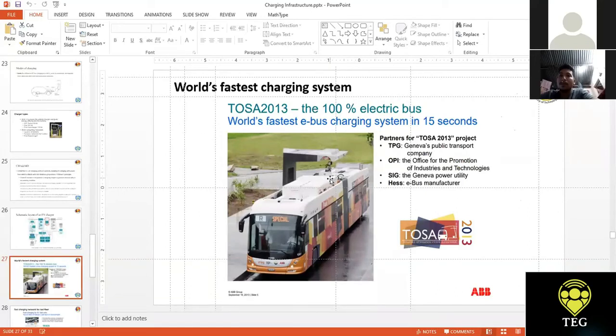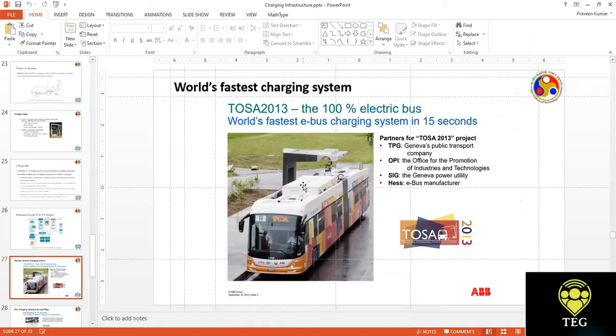So a pantograph rises from the bus roof, touches the charging point, and a huge amount of energy flows into the ultra capacitor in a matter of minutes, and the capacitor is charged enough to drive for another 4 or 5 kilometers, and at the next bus stop it will again encounter a charger.